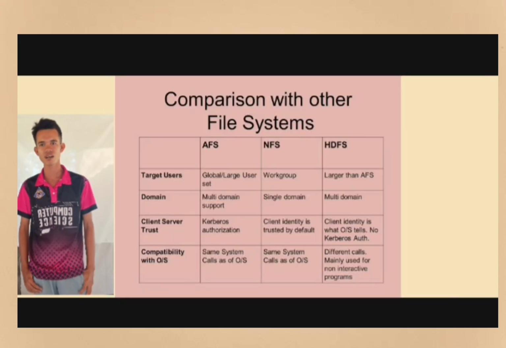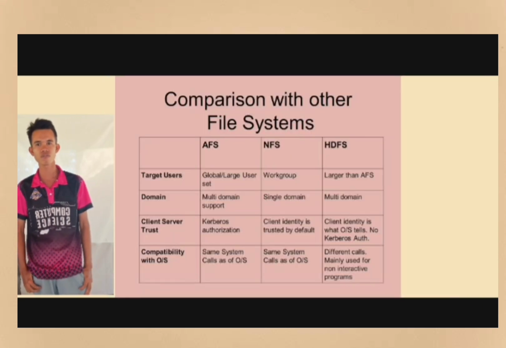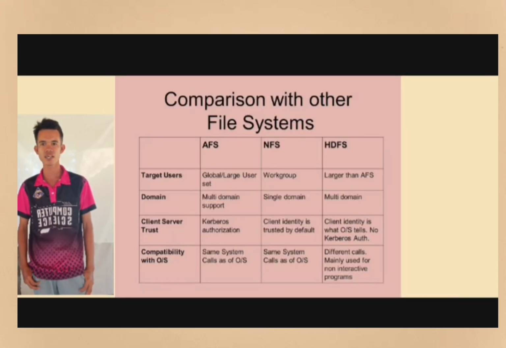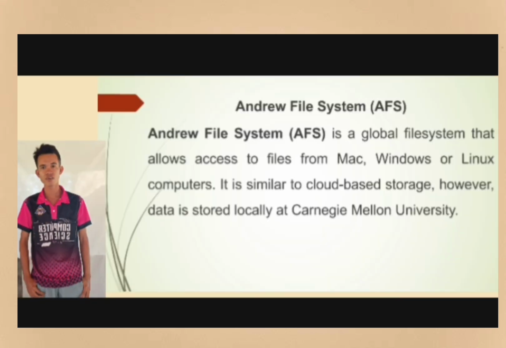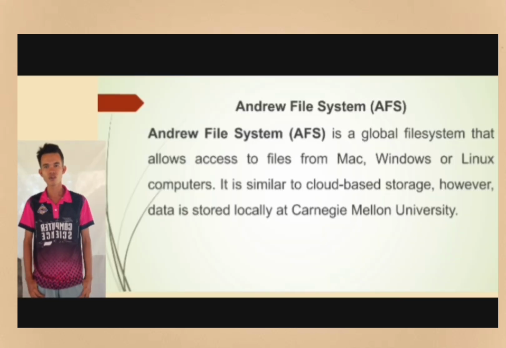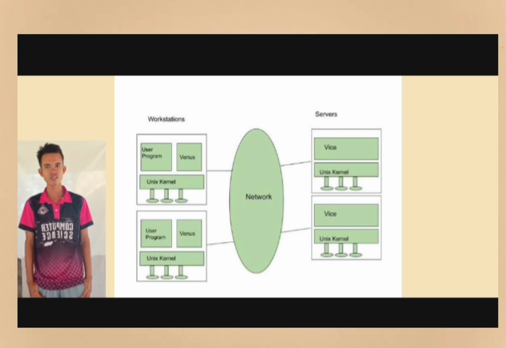Examples of such add-on file systems include the Network File System, or NFS, and the Andrew File System. Andrew File System is a global system that allows access to files from Mac, Windows, or Linux computers. It is similar to cloud-based storage, however, the data is stored locally. Carnegie Mellon University.